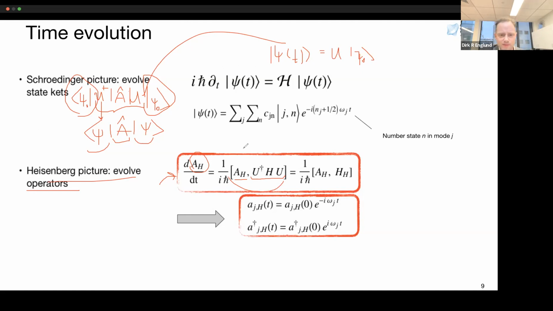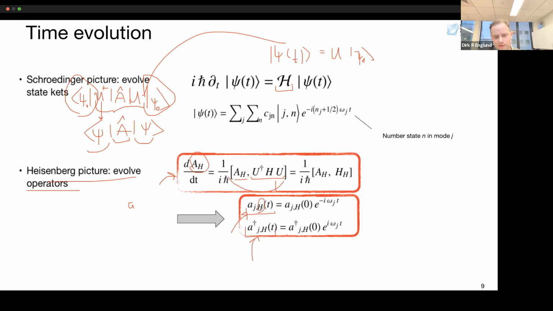When we apply this to the operators that we are currently talking about, namely the raising and lowering operators, assuming that you have a time independent Hamiltonian, which in the case of the cavity is the case, since the cavity is fixed in time, then it's easy to integrate this differential equation to produce the time varying expressions for the lowering and the raising operators in the Heisenberg picture.